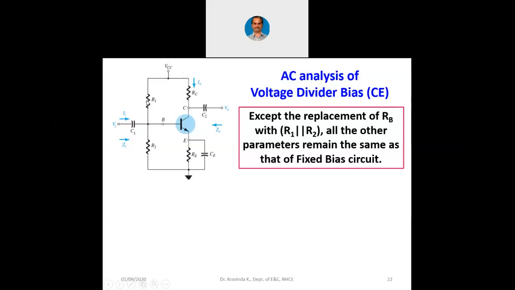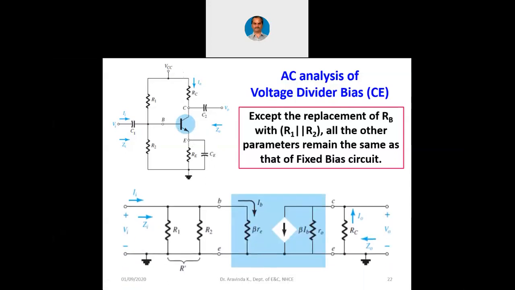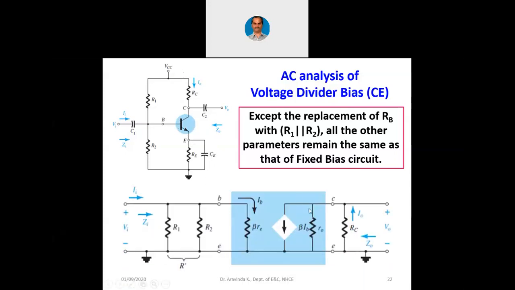So at the input we will have R1 parallel with R2, then RC connected to ground and the emitter connected to ground, and the transistor is replaced with its Y model or RE model. In this manner, this is the equivalent circuit for voltage divider bias.